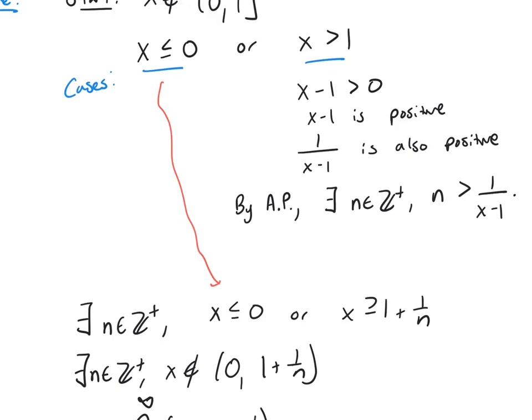Here n is positive and x minus 1 is positive. So I'm going to work with this inequality a little bit. I'm going to divide by n and multiply by x minus 1, and I don't have to worry about the sign flipping because everything is positive. x minus 1 is bigger than 1 over n. If I add 1 to this inequality, x is greater than 1 plus 1 over n.